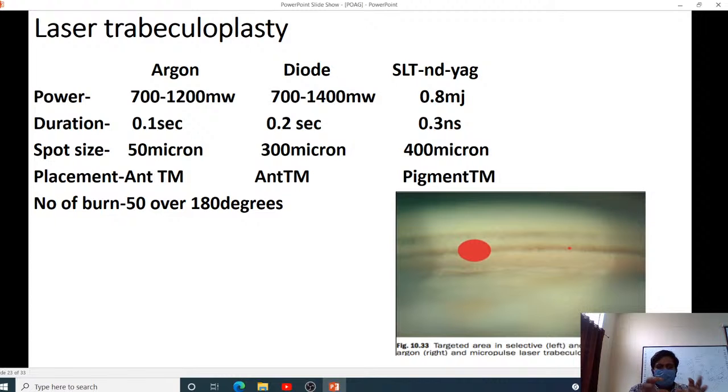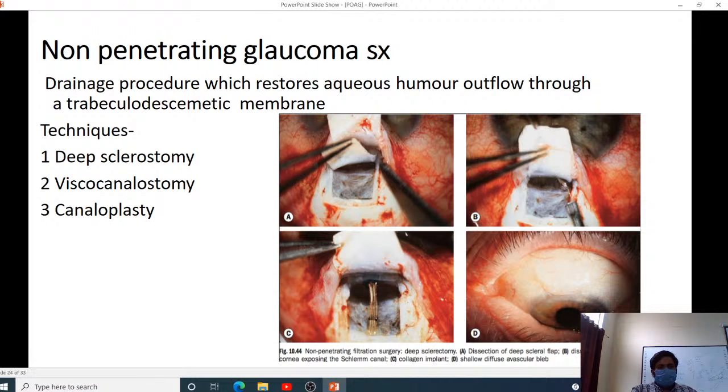Okay, so this is the principle of treatment for laser trabeculoplasty. There are about 50 burns which are given in 180 degrees of area.